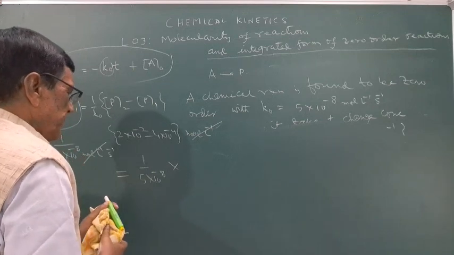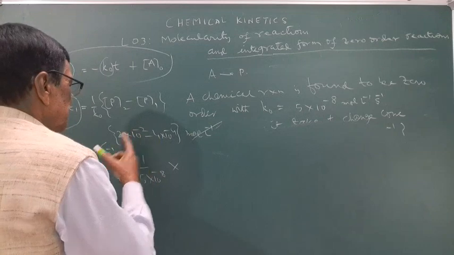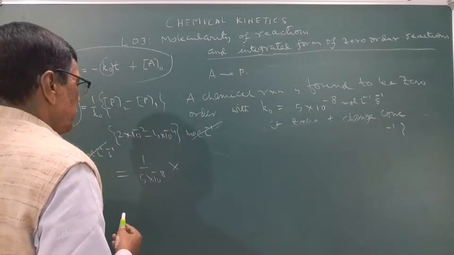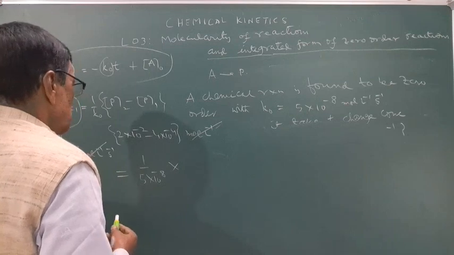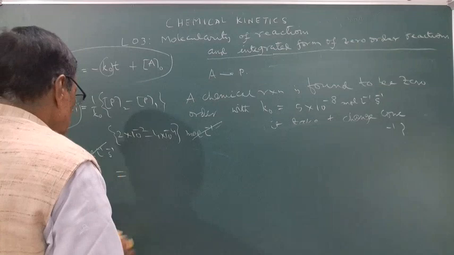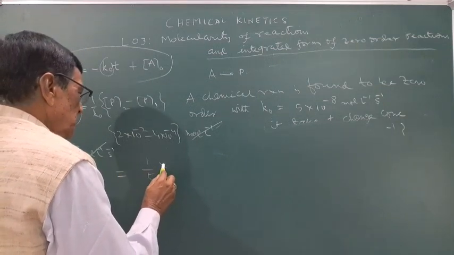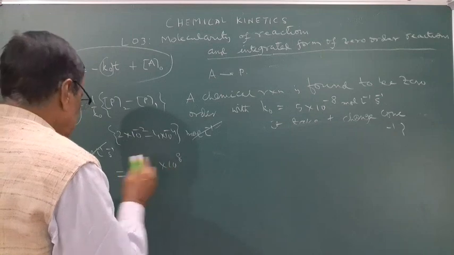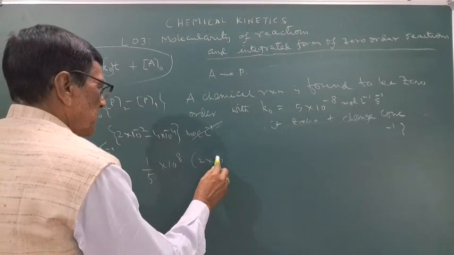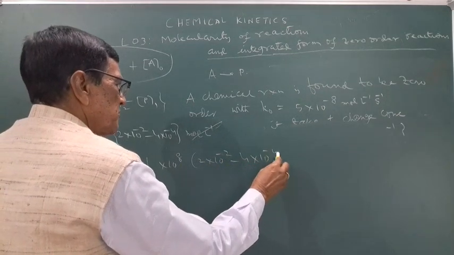If you consider the 10 to the power 5, so it will give you 1 by 5 into 10 to the power 8, it will go upside, and into 2 into 10 to the power minus 2 minus 4 into 10 to the power minus 4.